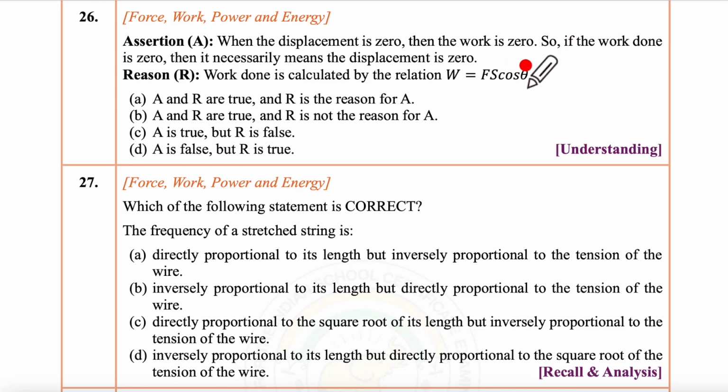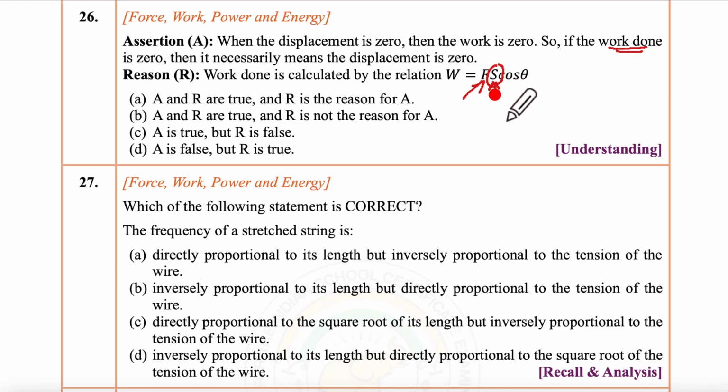Now we know that work is calculated by the relation W is equal to Fs cos theta. So if S is 0, definitely F into 0 into cos theta will give us work equal to 0. But if the work done is 0, does it mean that the only option could be that S is 0?